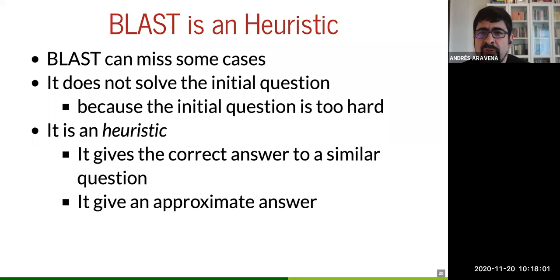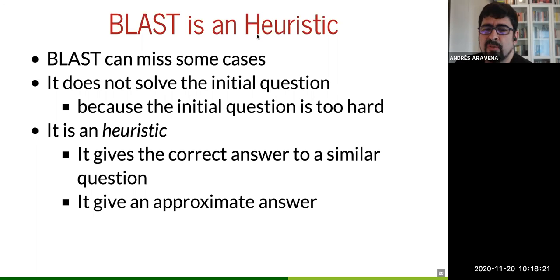It cannot be solved given the way that computers work. It's really something beyond our capability of understanding. So we need to do an approximation. And the approximation that we use in BLAST is based on indices. Indices are the basic tool that we use here.